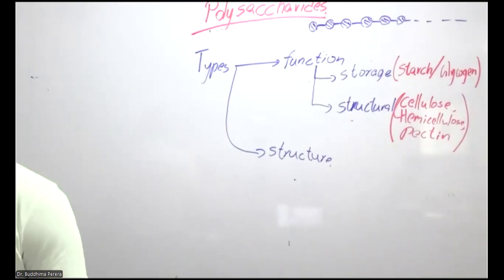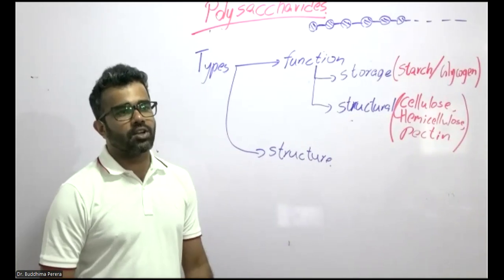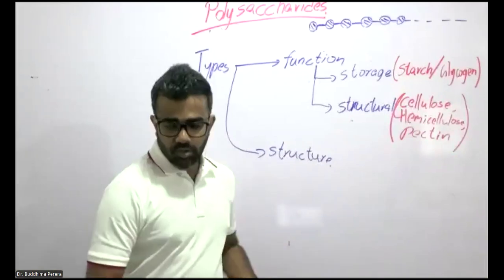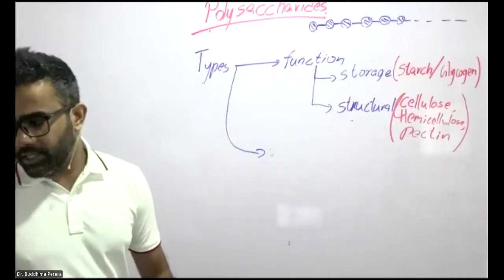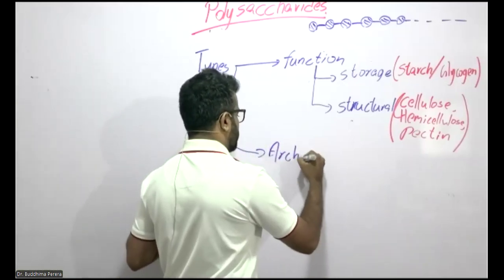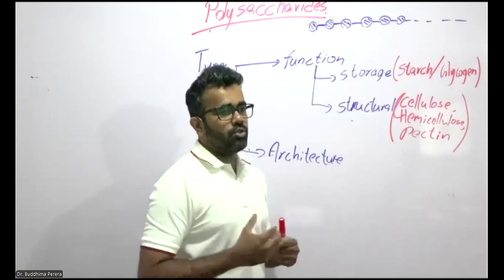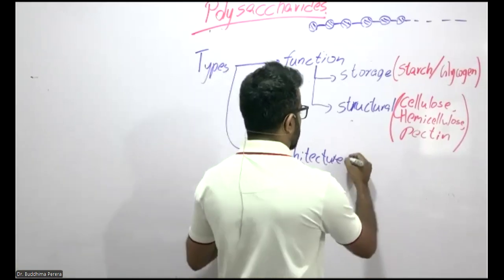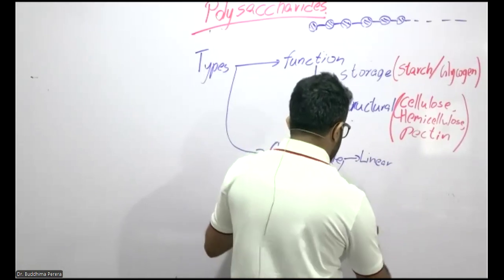Then there are types of polysaccharides based on their structure, based on their architecture. According to the architecture, there are linear polysaccharides and branched polysaccharides.